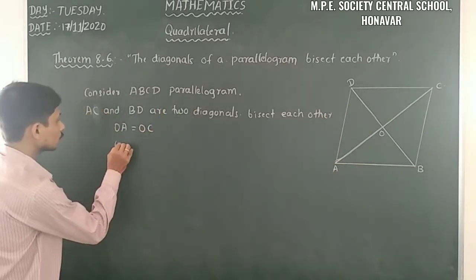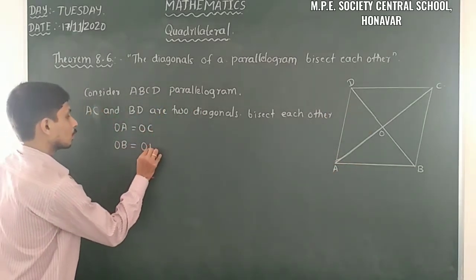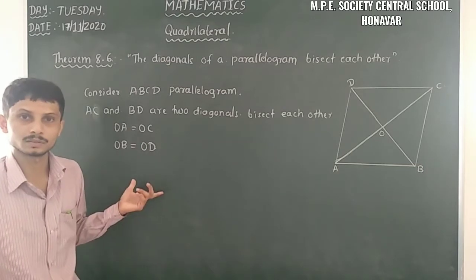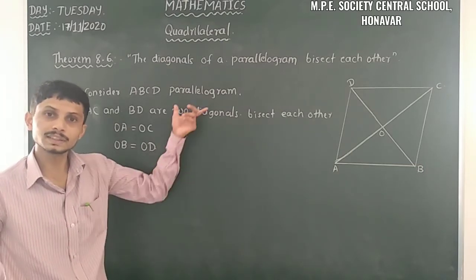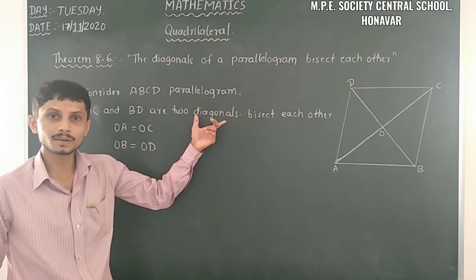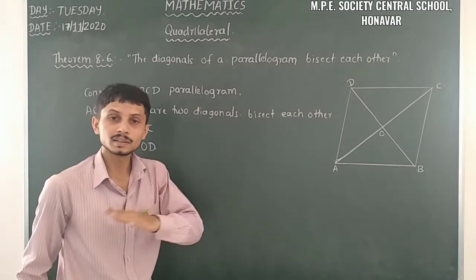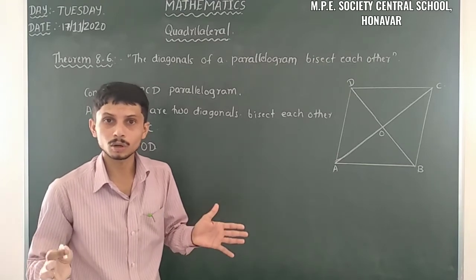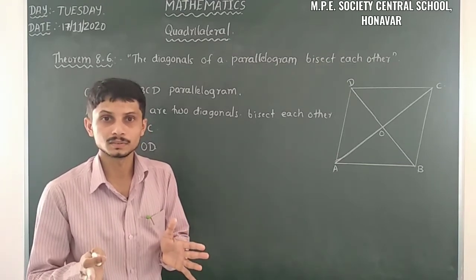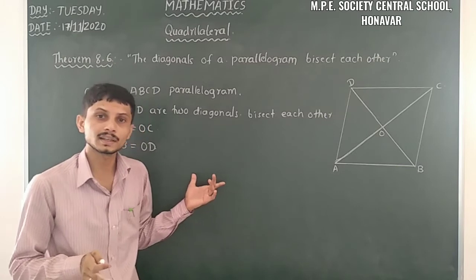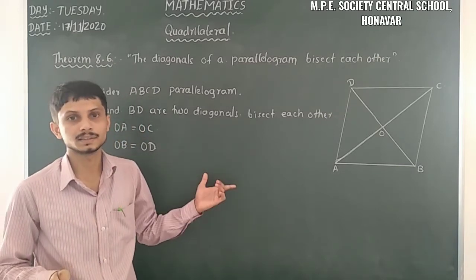So the diagonals of a parallelogram bisect each other means one line divides the other line into two equal parts.